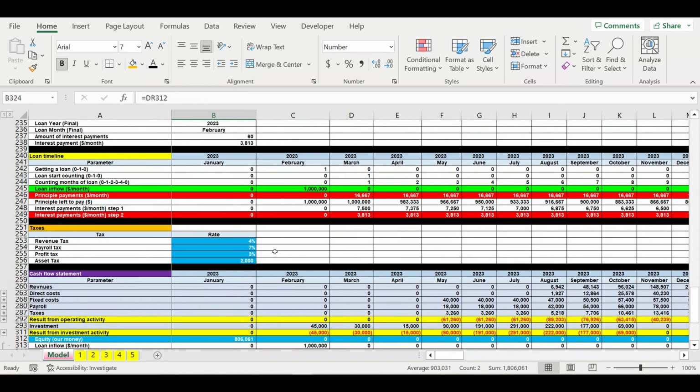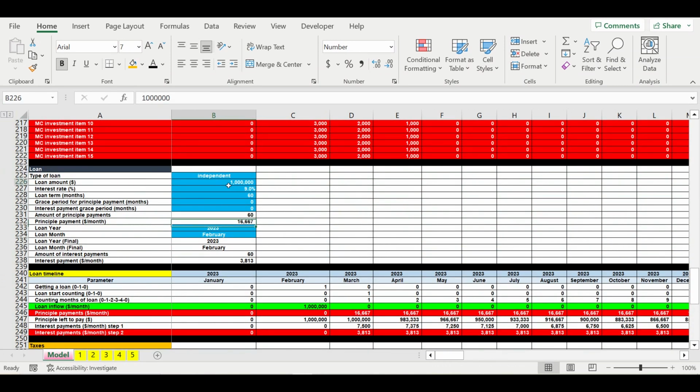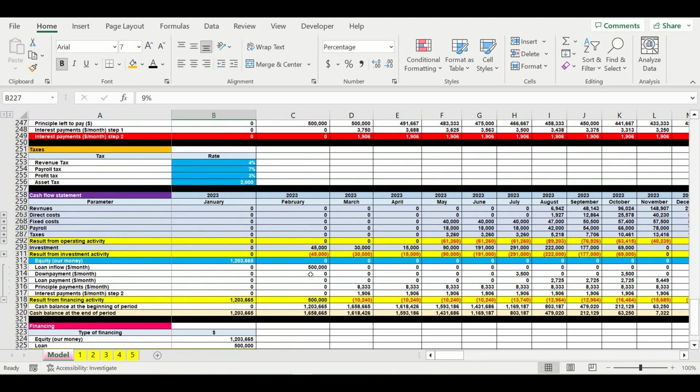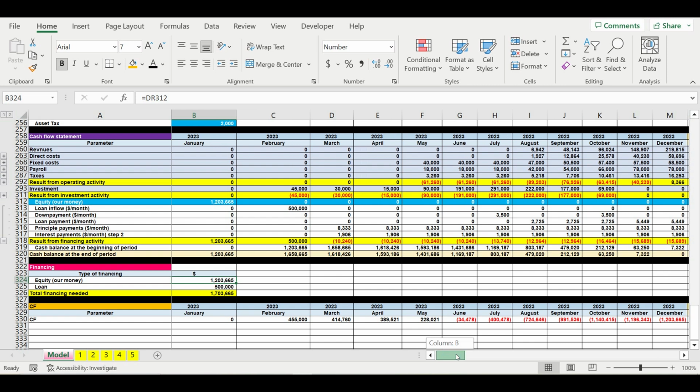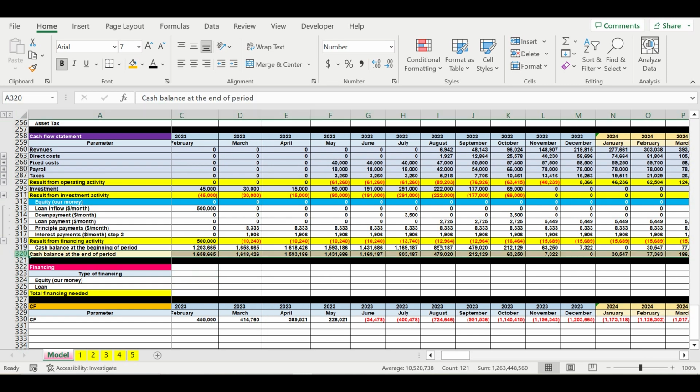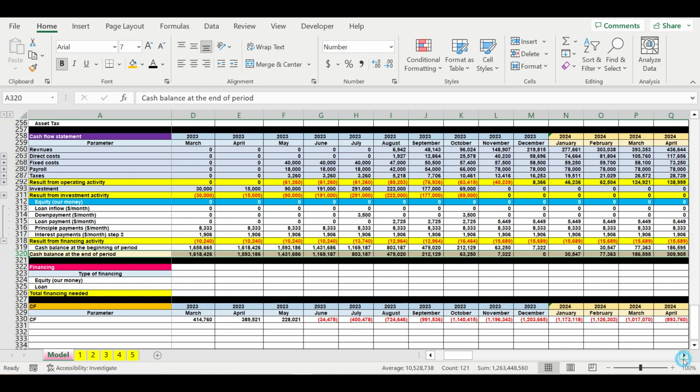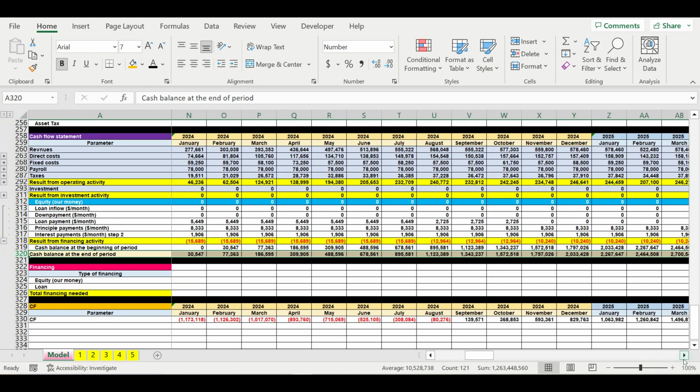So for example, I would like to take a $500,000 loan. This means I will need this amount of money from my pocket. And if I look at the cash balance at the end of the period, I don't see any cash gaps here.